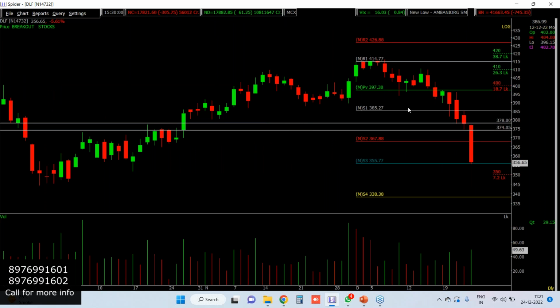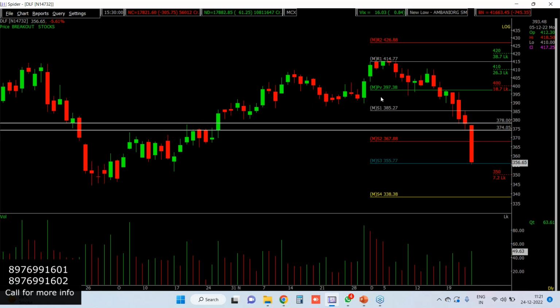See, the DLF chart has given you a very good breakdown, I would say, because it is around the 21st. Now if you have the risk appetite to take risks, you may also go for this at the very end of the month, because as you can see here, it has given you a breakdown at the S1 level.